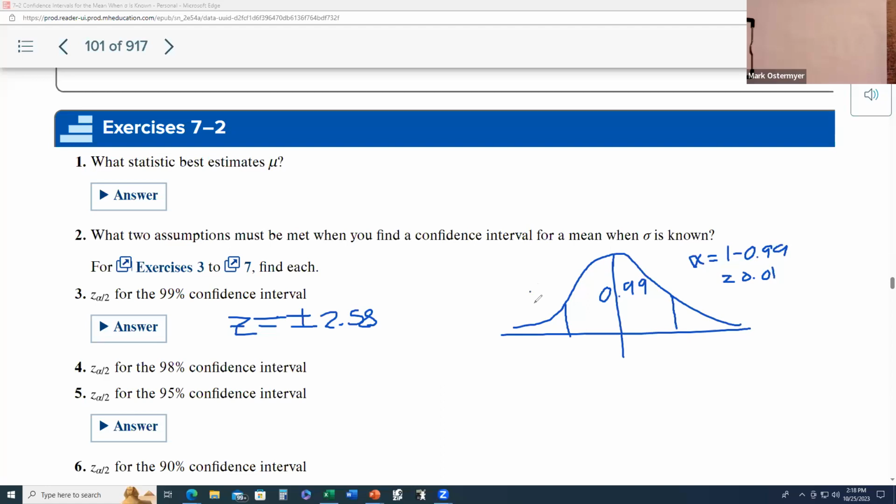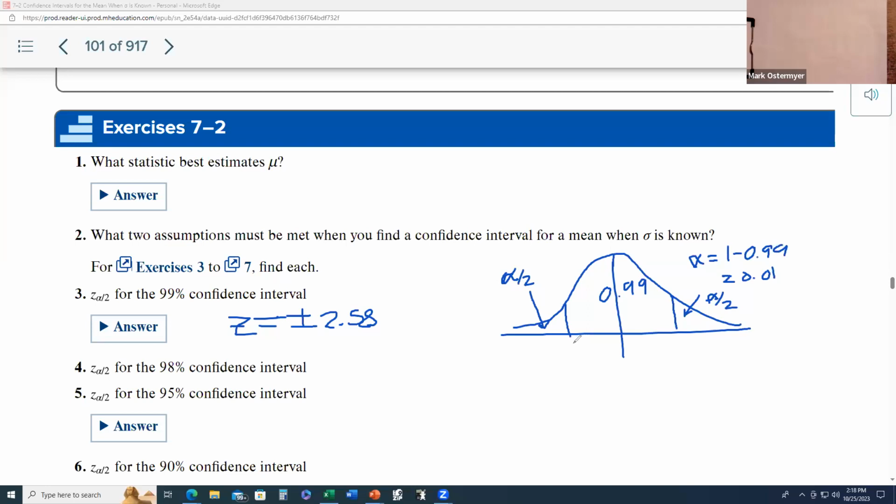Well, that 0.01 has to be equally allocated to the lower and upper tails of this distribution. So I would take alpha and divide it by 2. That's going to be the lower tail area, and alpha divided by 2 would be the upper tail area. So what's 0.01 divided by 2?